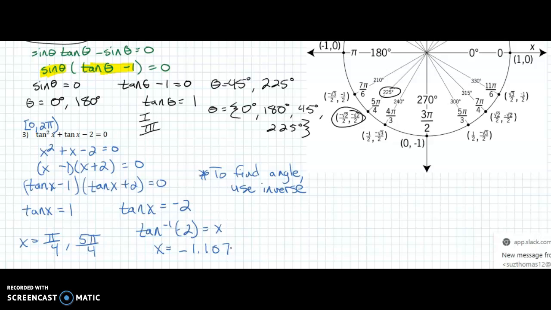Okay, but this is a little bit of a problem because this value is down in quadrant 4, and we want all of our answers in between 0 and 2 pi. And so let's draw this out. We know from our inverse functions that tangent inverse gives me an answer in quadrants 1 or 4. And so this angle here is -1.107.